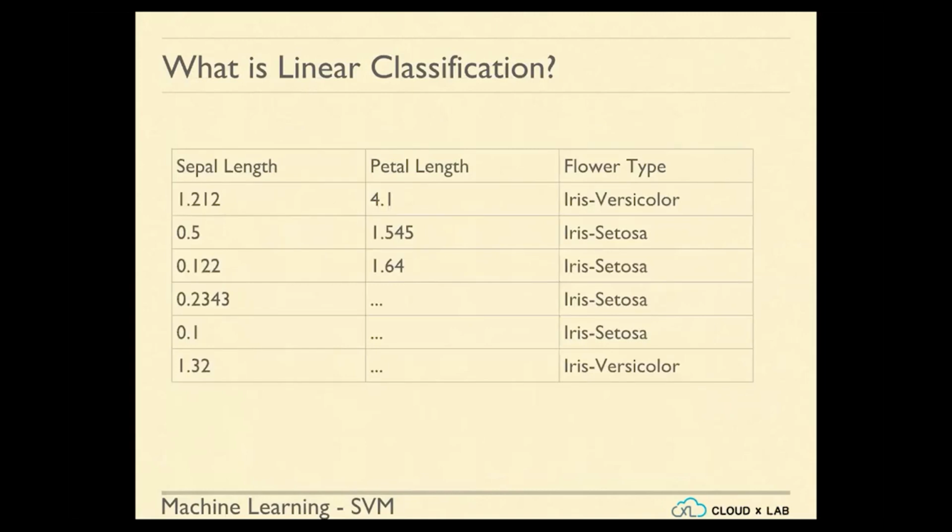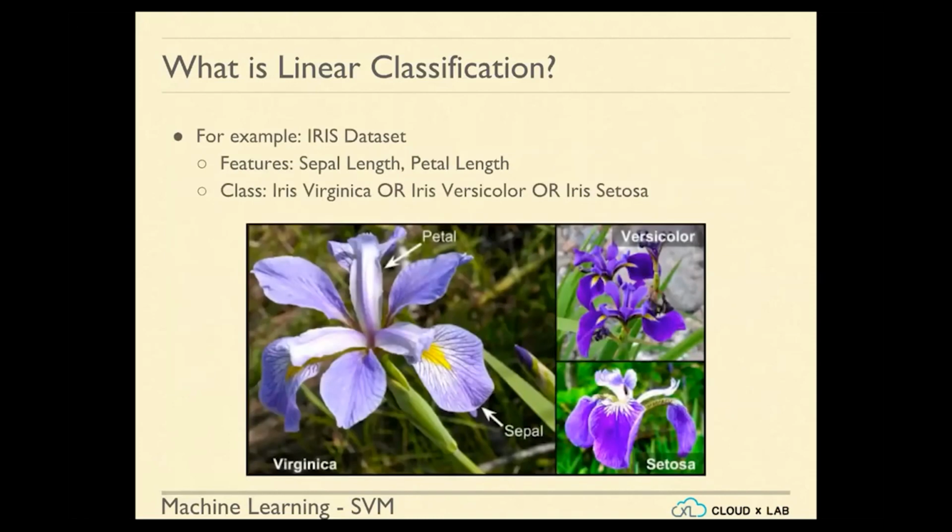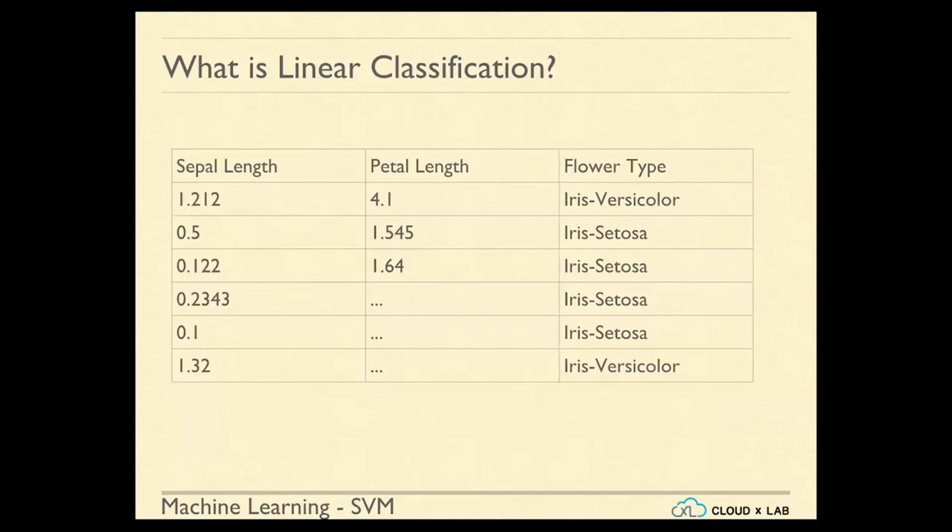Okay, just a quick quiz to keep all of you in the context. Let's say we are going to take an example of the iris dataset, whereby we take two features, sepal length and petal length, and there are three classes: Virginica, Versicolor, and Setosa. This is how the data looks.